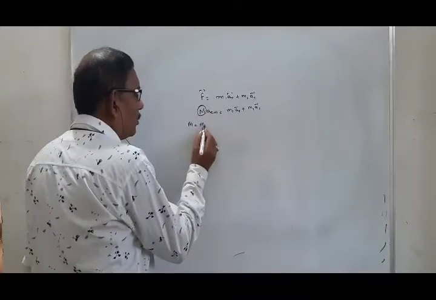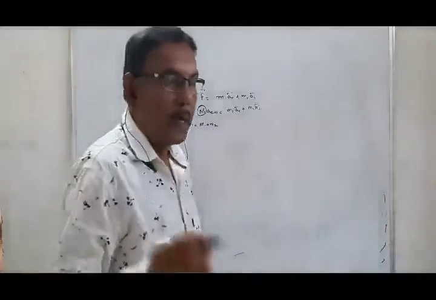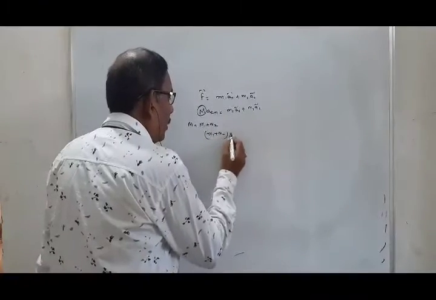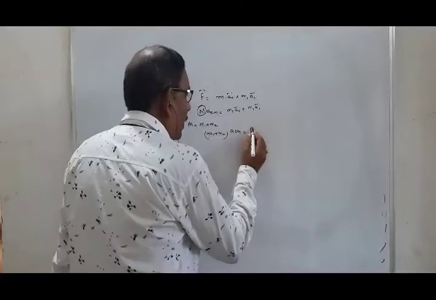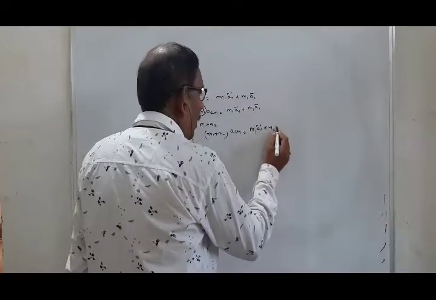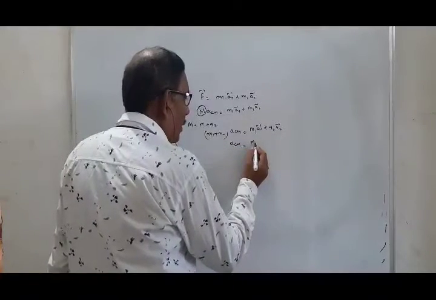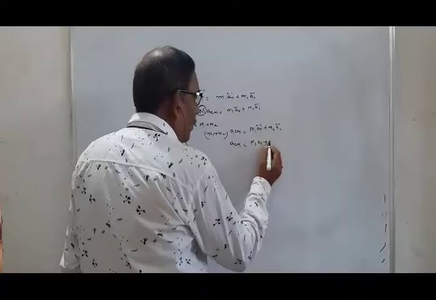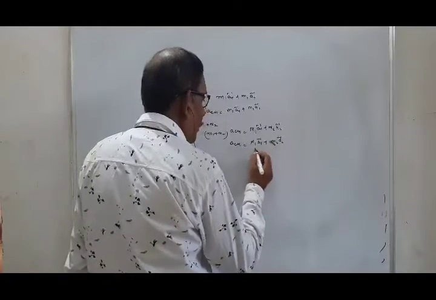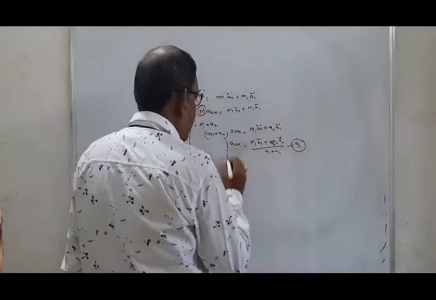M is equal to the total mass, the sum of the masses of the two particles, M1 plus M2. So ACM, the acceleration of the center of mass, equals (M1 A1 plus M2 A2) by (M1 plus M2). Equation 3.